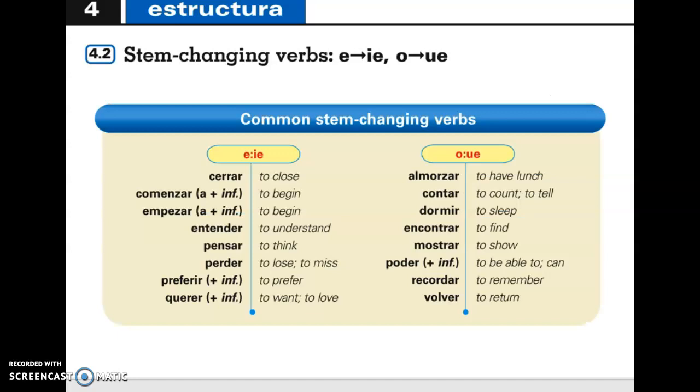And here we have a list of verbs. So all of these are going to change from E to IE in those particular people, and in here from O to UE. So keep that in mind. And these are our stem changing verbs from E to IE and from O to UE.